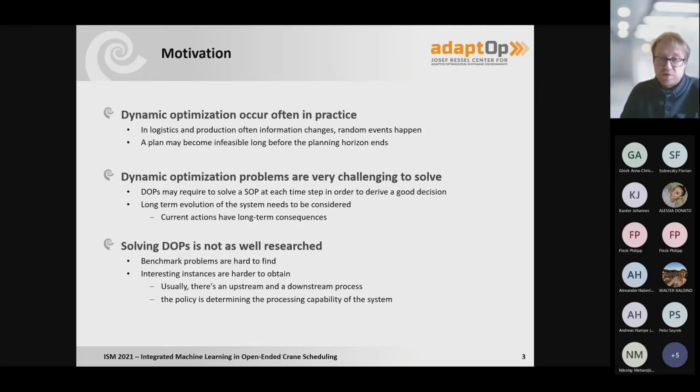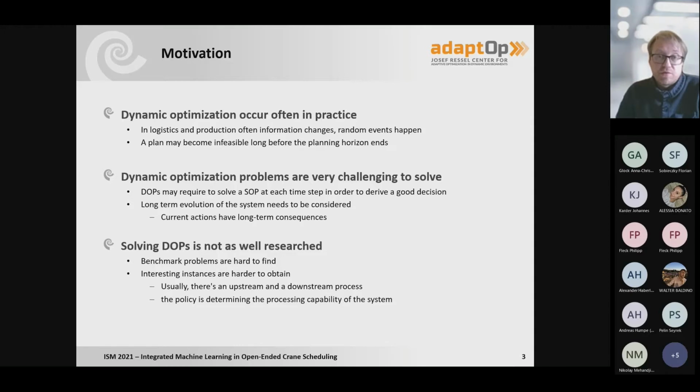If I put a certain steel slab, whatever the real block is, in a certain place, then this affects the situation maybe in 2 hours when I need to retrieve it again. So I need to consider longer planning horizons, even though knowing that the solution will change long before this planning horizon ends.